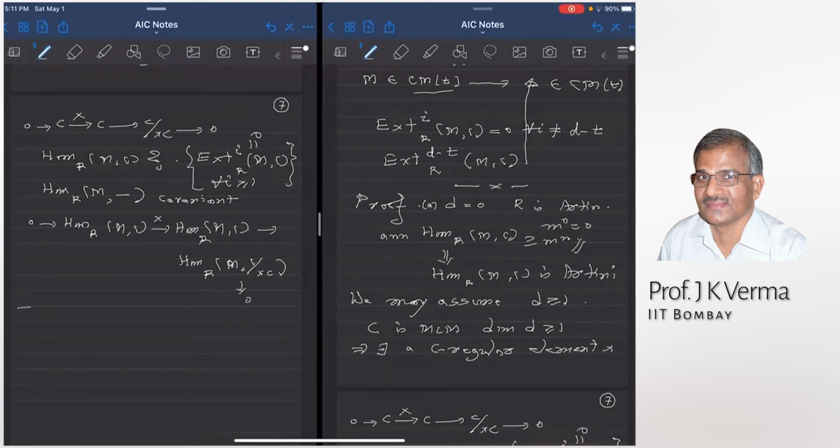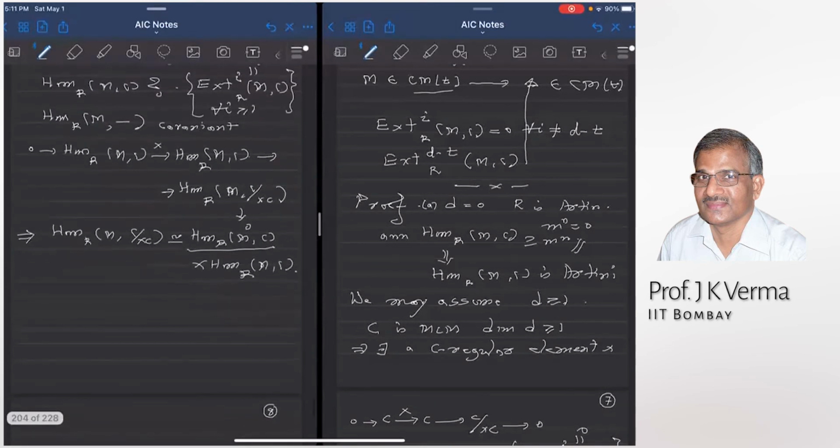This means that this last module is the cokernel of this previous map, and therefore Hom_R(M, C/xC) is isomorphic to Hom_R(M, C) over x times Hom_R(M, C). But this right hand side is obtained when I take the tensor product Hom_R(M, C) tensor R/x.